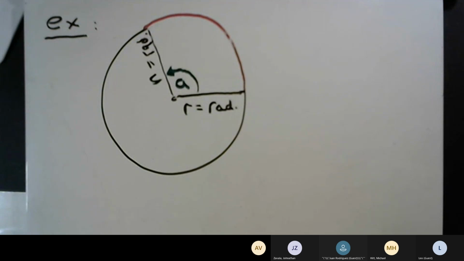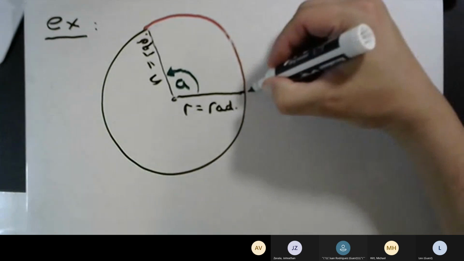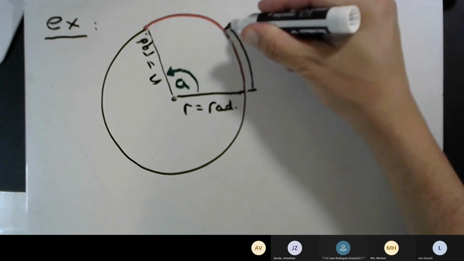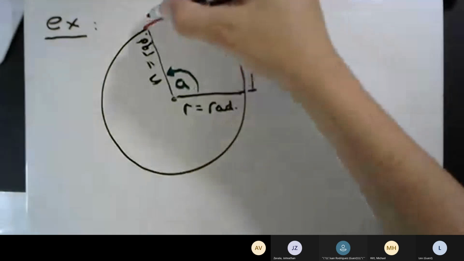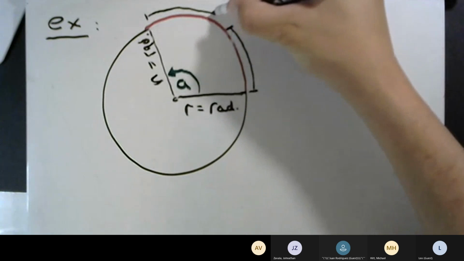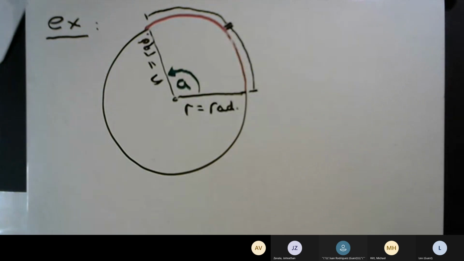Well, let's say we take this radius and we try to place it alongside the arc length. So one radius would stretch here, and then we'd find we need a second radius to go meet it on the other side.